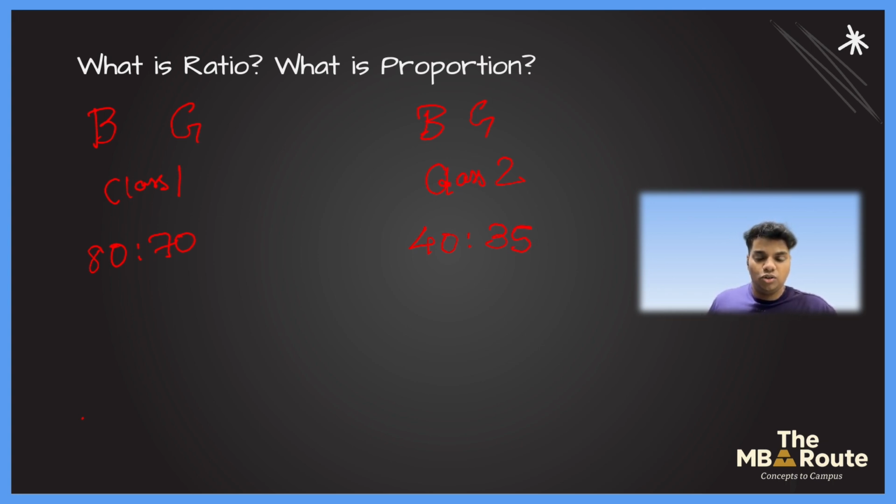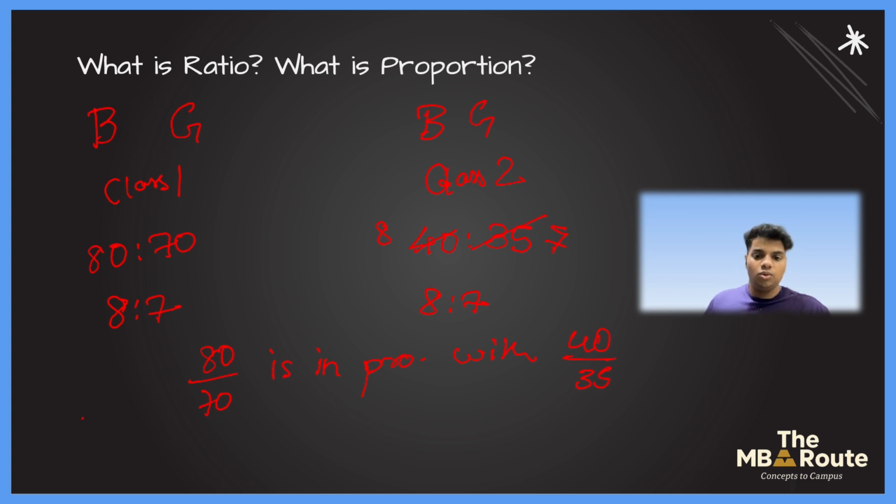Now, if I reduce both of these, the first would be 8 is to 7, and the second, 5 sevens are 35 and 5 eights are 40, so this would also be 8 is to 7. From here we can conclude that 80 by 70 is in proportion with 40 by 35.